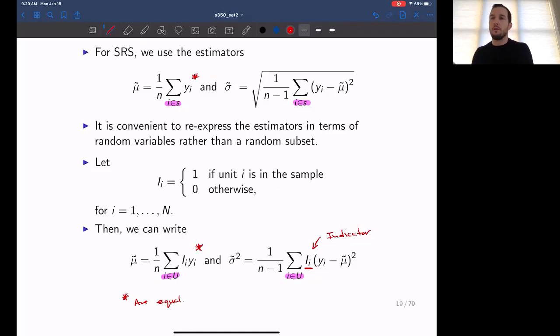The main reason that we're considering the latter case with the indicator variable is because the next thing we want to do is study the properties of the estimator. We want to determine if we have an unbiased estimator for the population mean, and we want to determine the variation of our estimator so that later, when we bound them in the confidence interval, we know how to calculate the estimate of our variation.